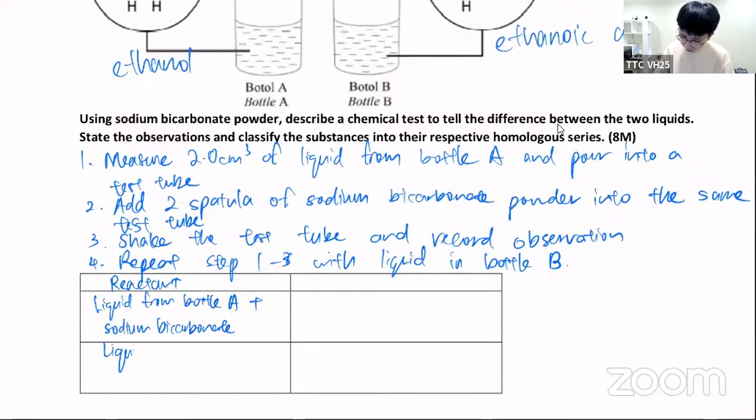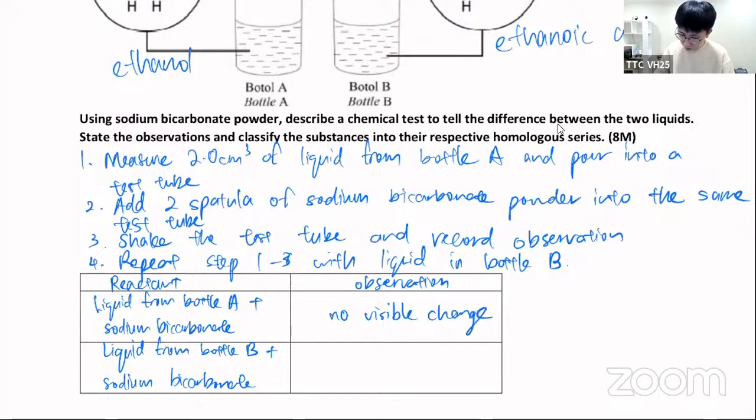Then liquid from bottle B plus sodium bicarbonate. So your observation, first one, no visible change. But second one, you're supposed to see colorless gas bubbles form.